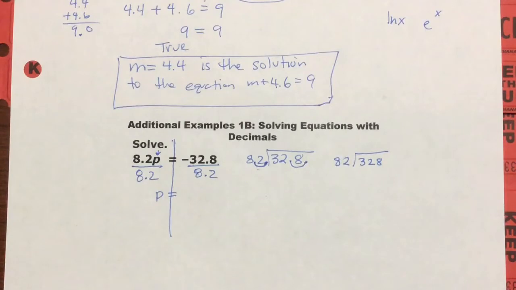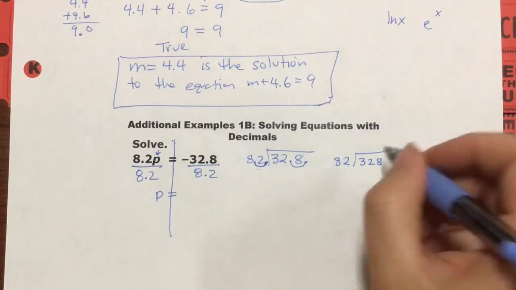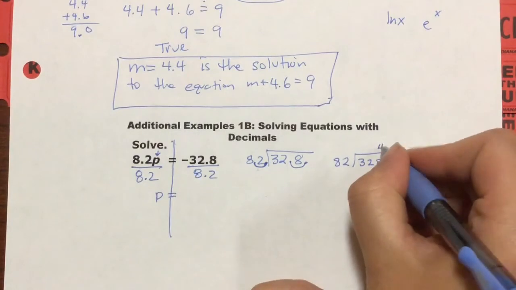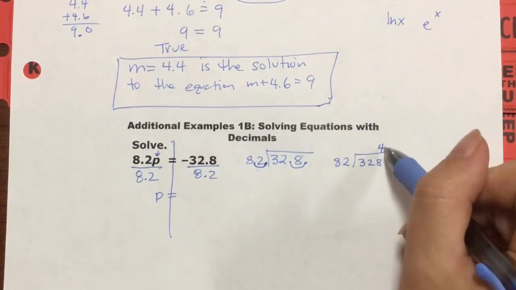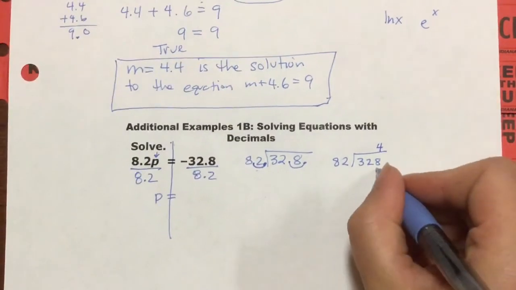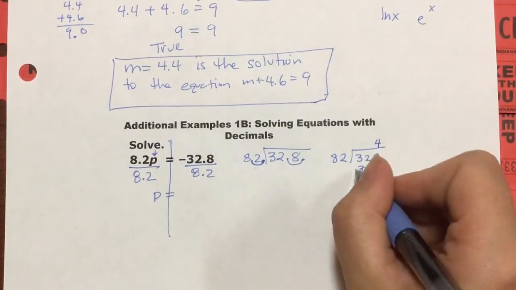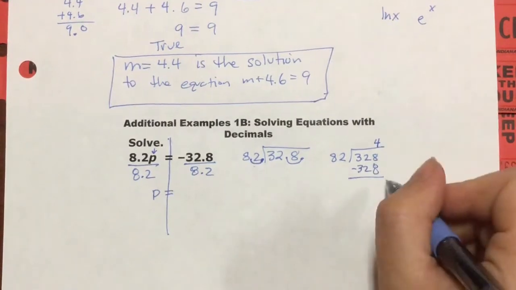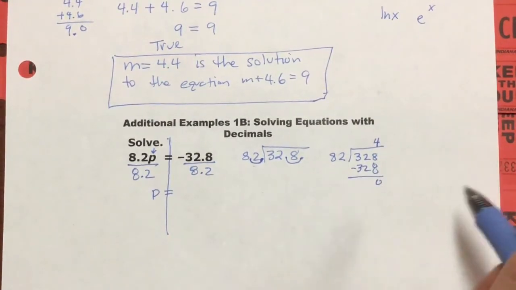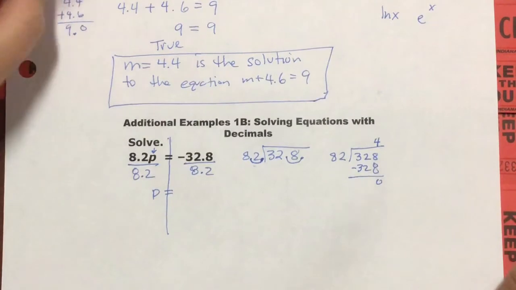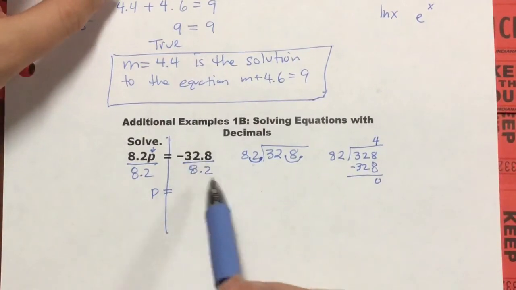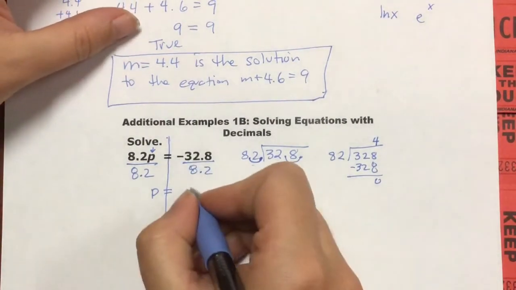Or I can think about it, how many times does 8 go into 33, which would be 4? Let's see if this is right. Okay, let's try it. 4 times 2 is 8, and 4 times 8 is 32. Hey, we got it. That's awesome. And the remainder is 0. So that means that 32.8 divided by 8.2 is 4.